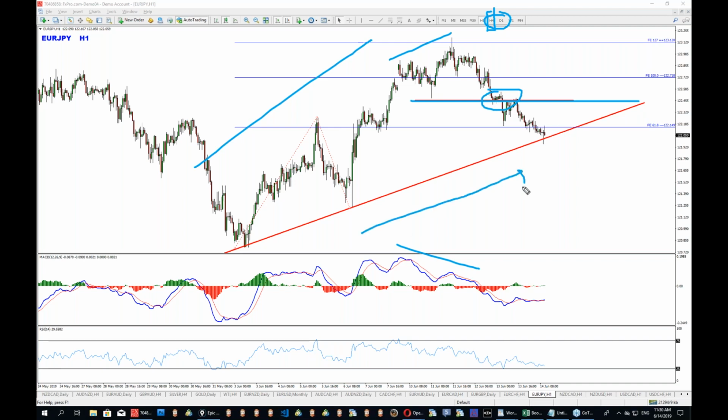Why? Because the 4-hour chart is building up divergence against the bullish hidden one, which is not yet confirmed at that stage. It was confirmed only here. And we have a trend line. So any sells here would be okay up until this point.